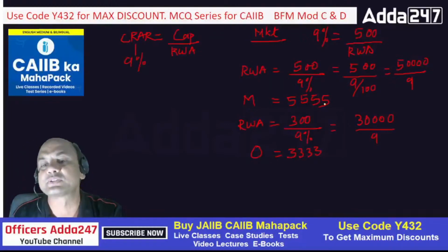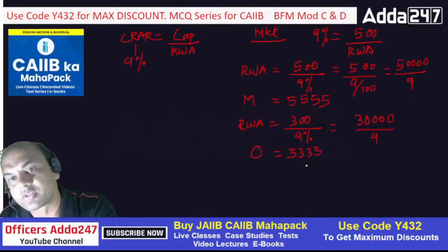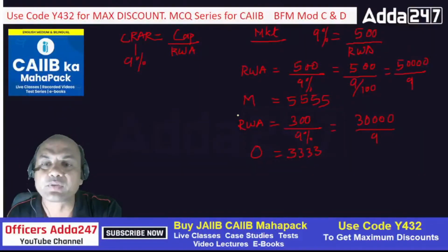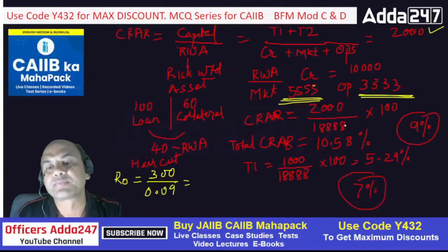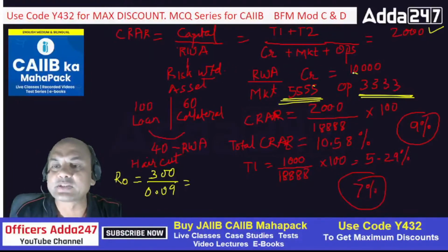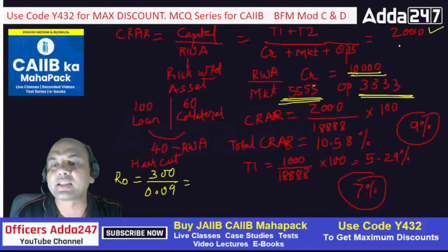I have shown the calculations over here too, 5555 for market and 3333 for ops. So adding 10,000 plus 5555 plus 3333, marked in yellow, you get the total.